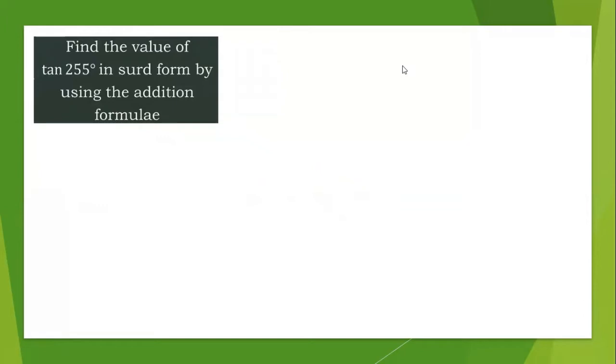Question 2. Find the value of tangent 255 degrees in surd form by using the addition formula. That's very easy. Tangent 255 degrees. Better you go to tangent with the prefix 180. You should remember about 180: no change for naming.